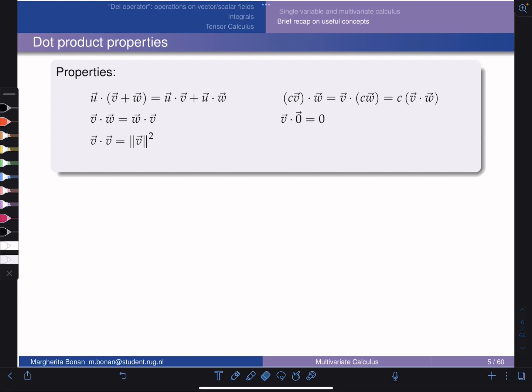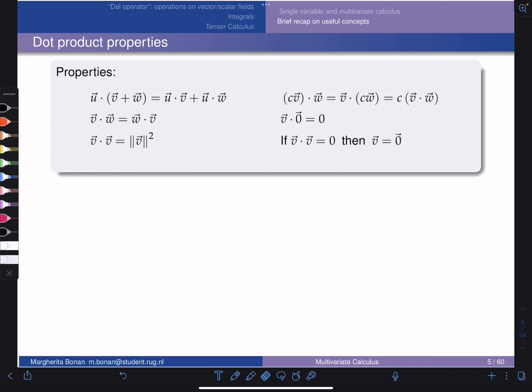Then we have that any vector dot 0 is equal to 0, and that if the inner product of a vector with itself is 0, then the vector is the 0 vector.